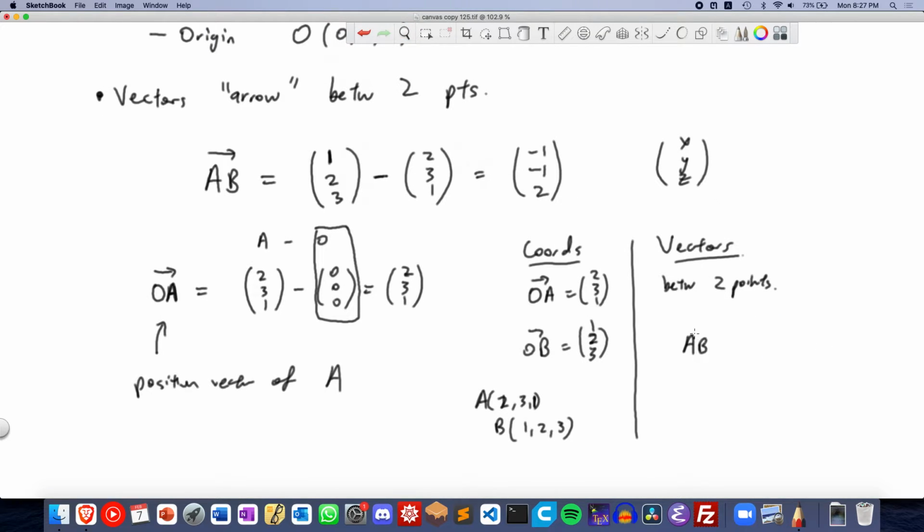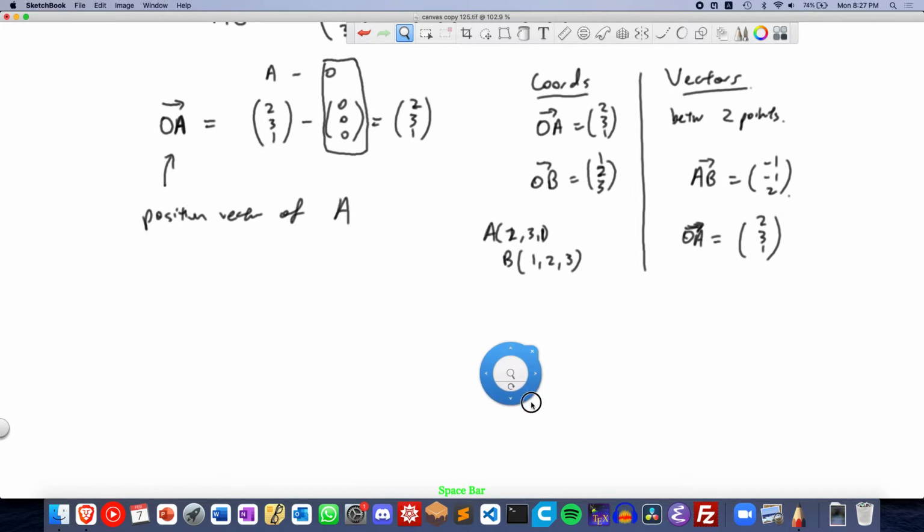For example, you have AB equals minus 1, minus 1, 2. You could have vector OA, which is just between 2 points, just that the first point we go from is the origin, 0, 0, 0. So for vectors, it's between 2 points, but one of them could be the origin, whereas for coordinates, it's always starting from the origin. So that's the relation between coordinates and position vectors. The position vector of any point is going to be precisely the coordinates of that point.